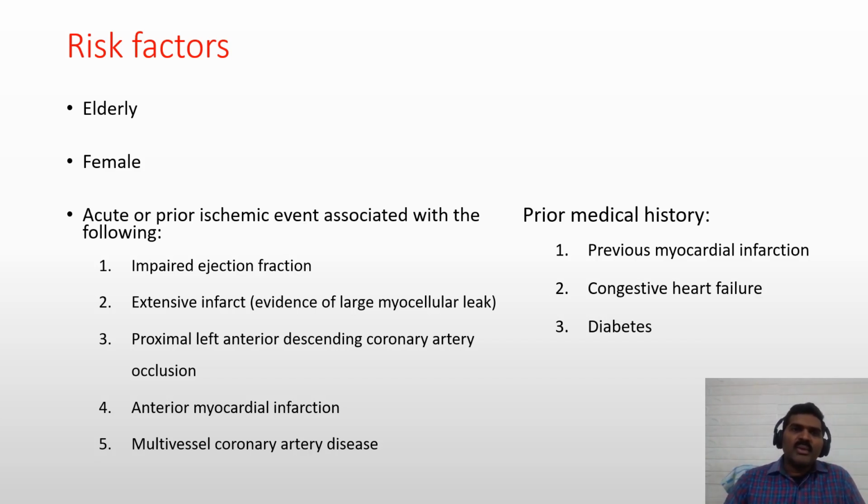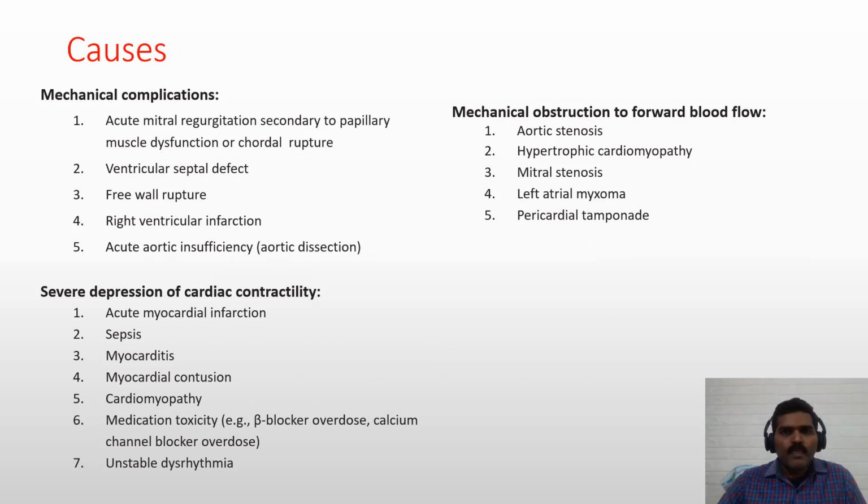Causes can be divided into mechanical complications, severe depression of cardiac contractility, and mechanical obstruction to forward blood flow from the heart. Mechanical complications include acute mitral regurgitation secondary to papillary muscle dysfunction or rupture, ventricular septal defect, free wall rupture, right ventricular infarction, and acute aortic insufficiency due to aortic dissection.